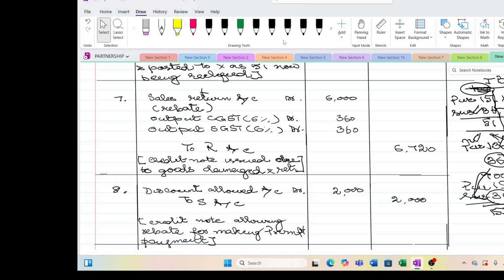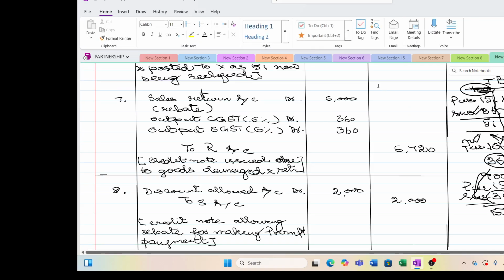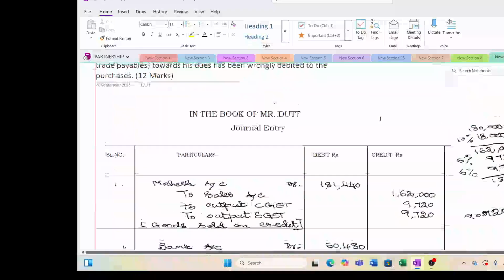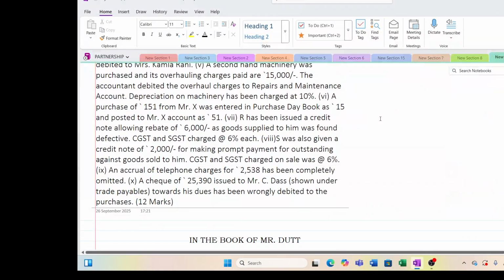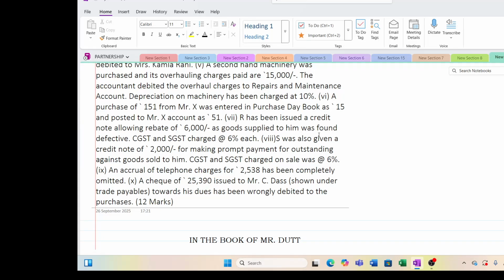Now coming to the next item. S was also given a credit note of 2,000 rupees for making prompt payment. You have to be very, very careful. This rebate is given for making prompt payment for outstanding against goods sold to him.